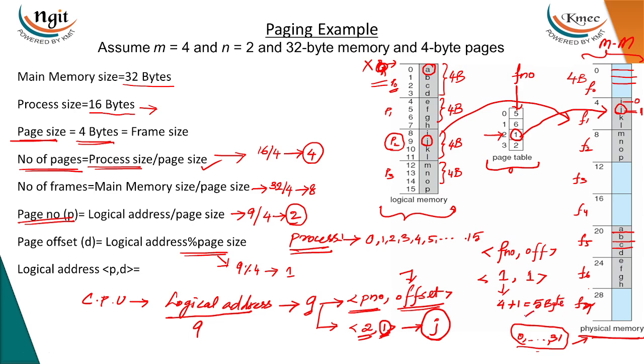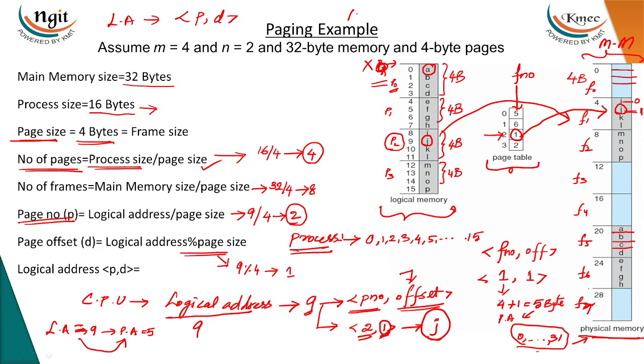So this 5 is the physical address. That means we have converted logical address 9 to physical address 5. This conversion is done at runtime. The logical address is divided into two parts: first the page number, then the offset.